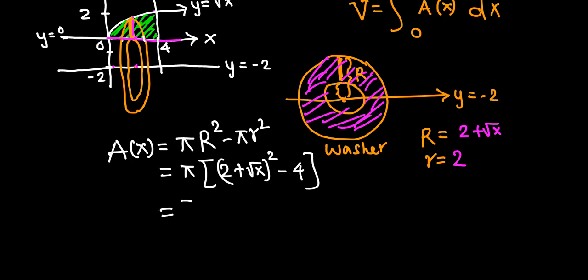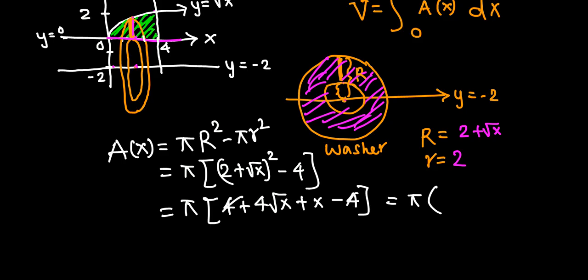Let's simplify. Multiply 2 plus root x by itself using FOIL, and we get 4 plus 4 root x plus x, minus 4. The 4 and 4 cancel, so we have pi times 4 root x plus x. That's the area of the washer.